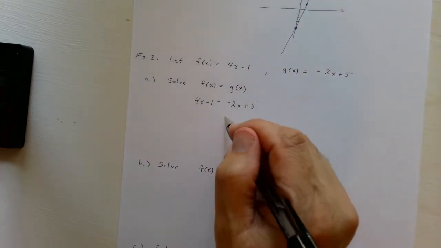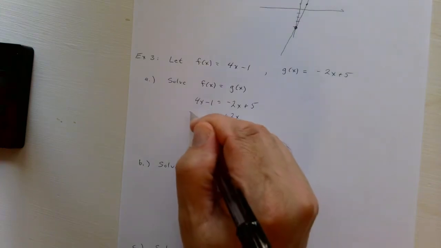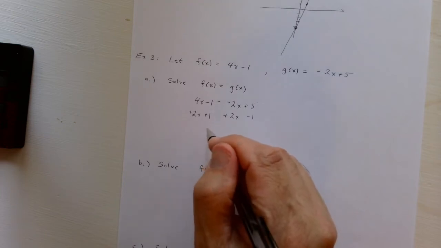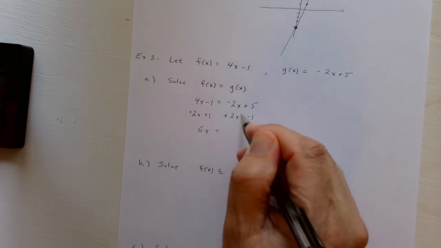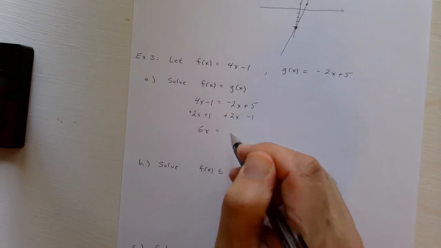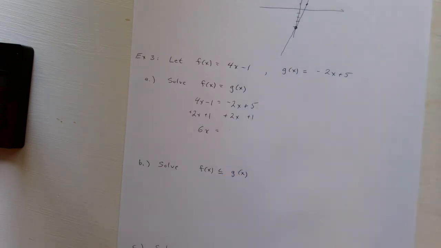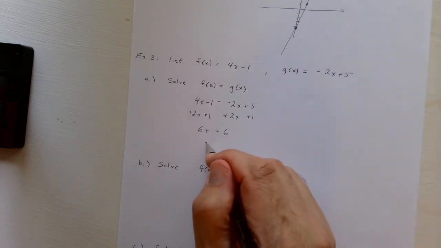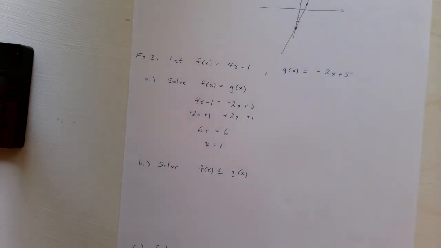And then we can add 2x to both sides, add 1 to both sides, and we get 6x plus 0 equals 0 plus, oops, we want this to be a plus 1 here. So it's 6x equals 6, divide by 6, we get x equals 1. And we can see that then indeed is going to be a solution. We can plug this in both expressions, and we see they're equal. We'll come back to this in a minute.